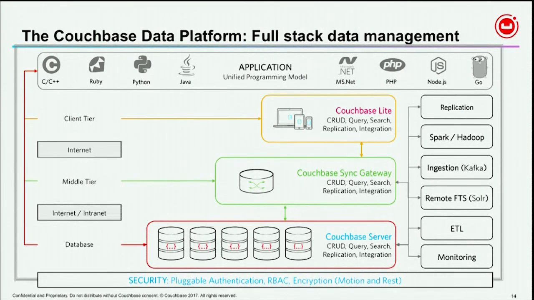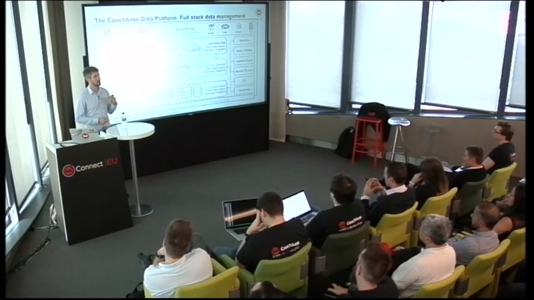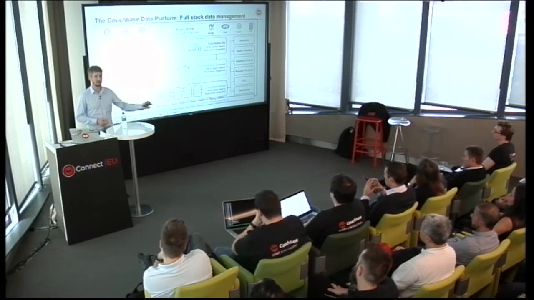And then wrapped all around this is a pluggable security layer. So we have security with role-based and pluggable authentication, authorization, and encryption all the way from the edge back into the data center.